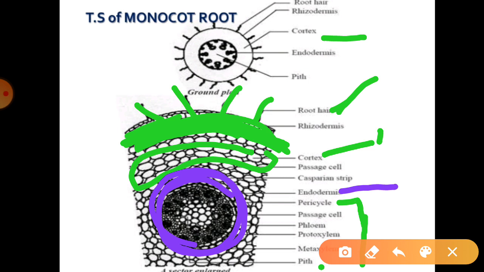The young endodermal cells always have an internal strip of suberin lining.